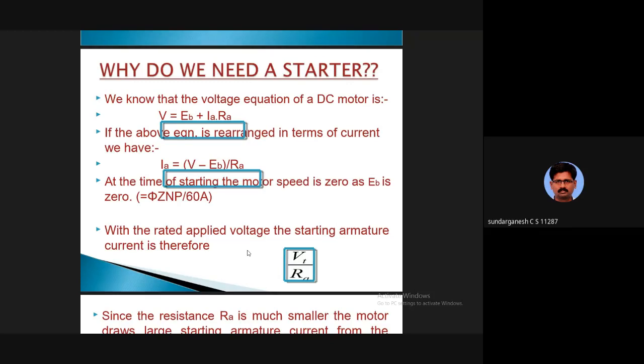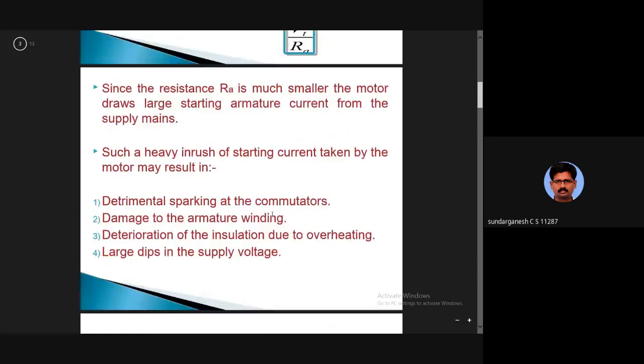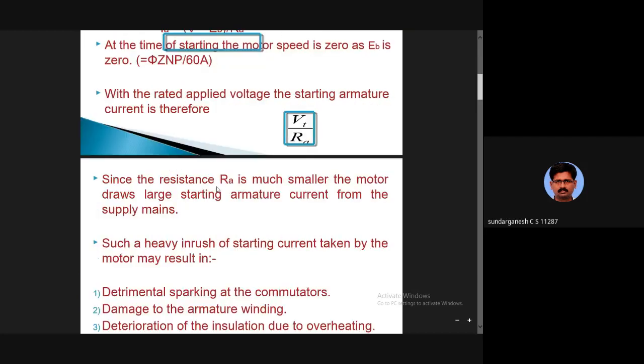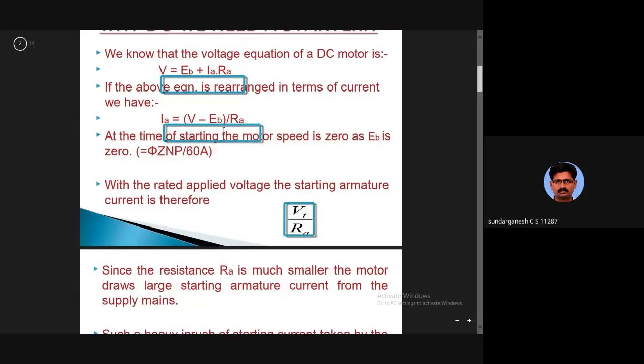EB is equal to 0, so Ia is equal to V by Ra. The Ra value is very small. In the last problems, it was about 0.5 or 0.4 ohms.